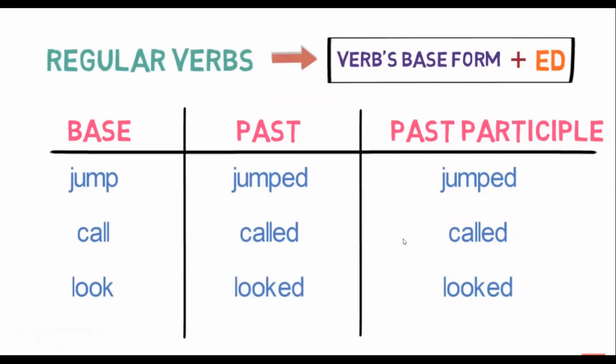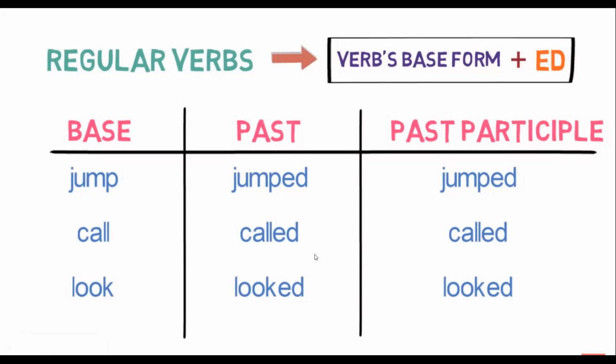Okay, this is the most common rule. When we have a verb, we add the ed at the end. For example, jump, jumped, look, looked, right? So, esta es la regla más general, la regla principal.